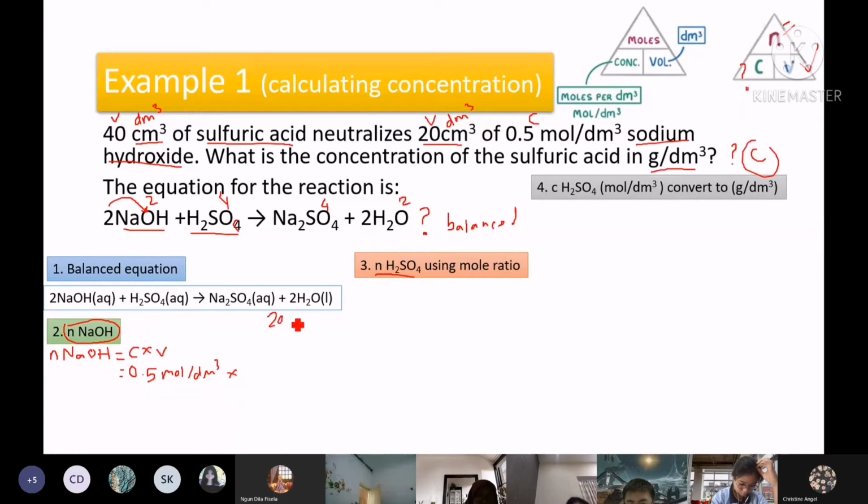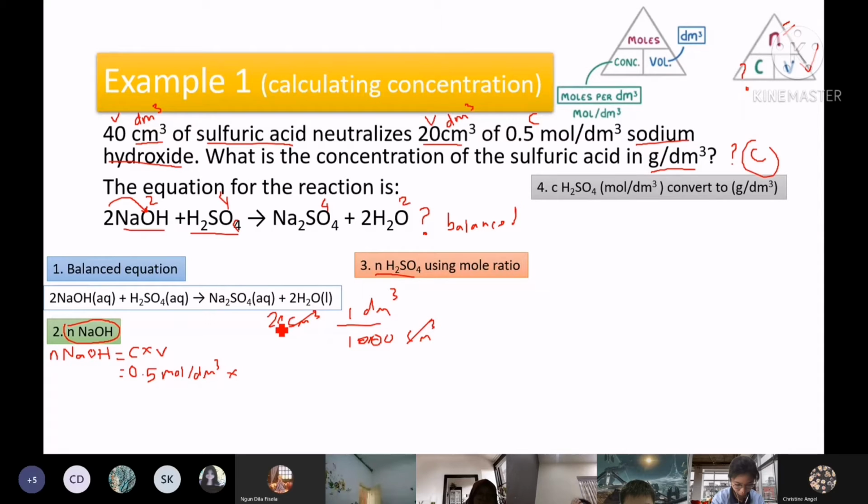We have 20 centimeter cubes. For 1 dm cube is equal to 1000 centimeter cubes. So we can cancel cm cubes. The unit is dm cube.